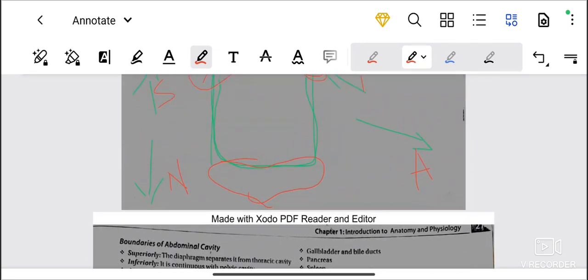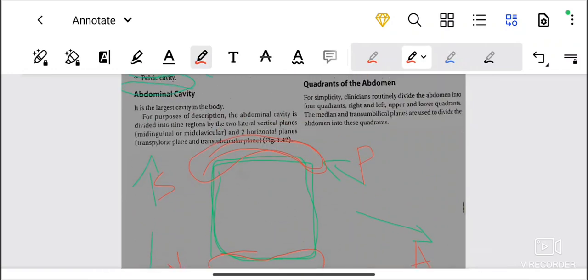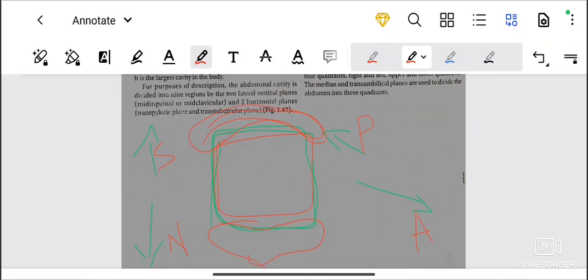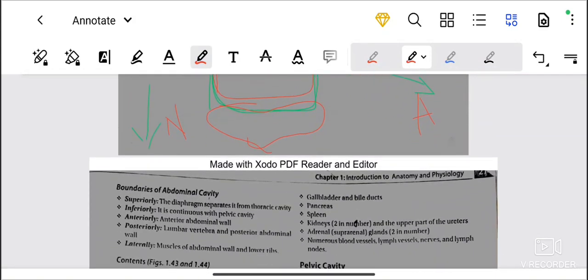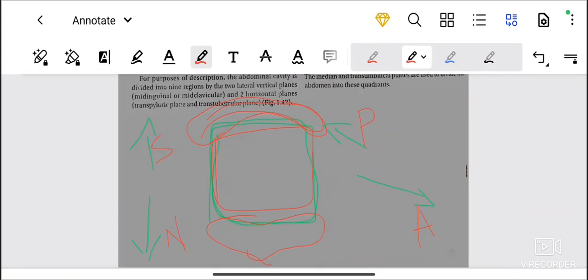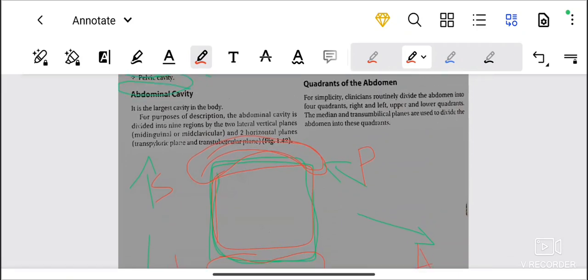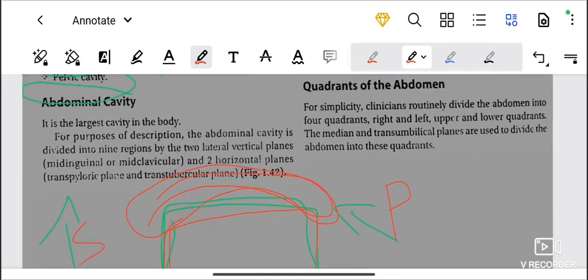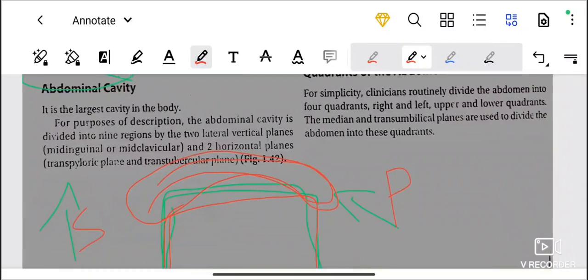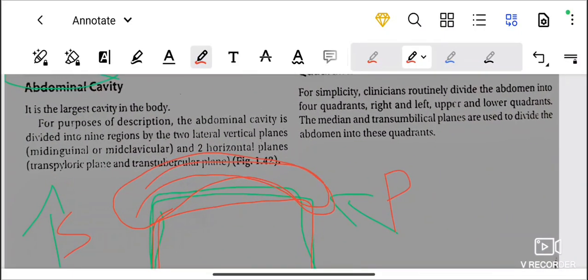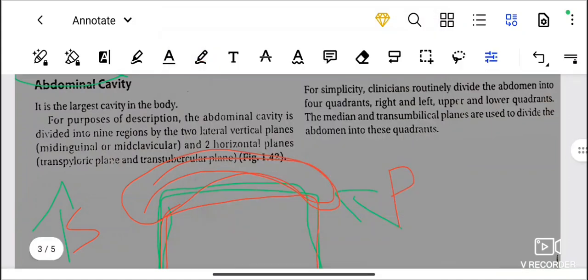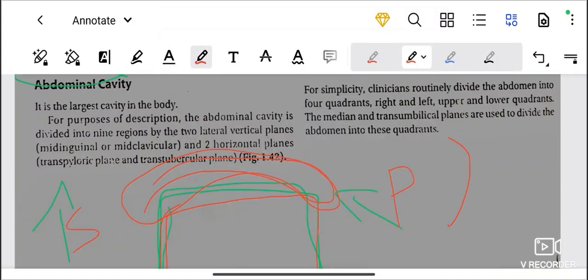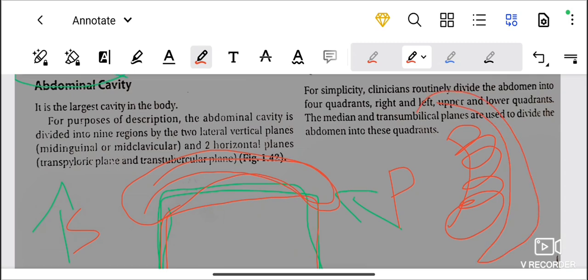Anteriorly, the abdominal wall will be present, the muscular sheet of the wall. Posteriorly, the lumbar vertebrae and the posterior abdominal wall will be present, and the covering muscle sheath will also be present.